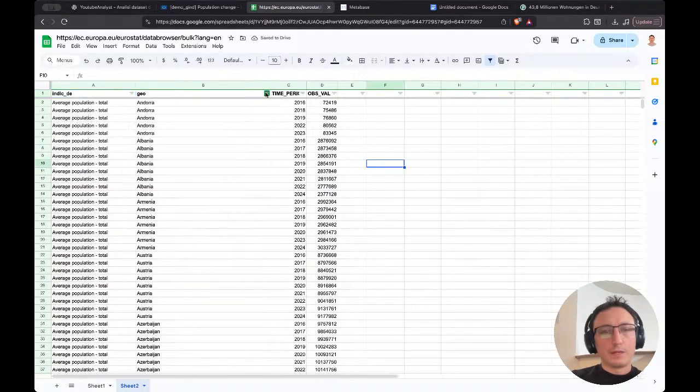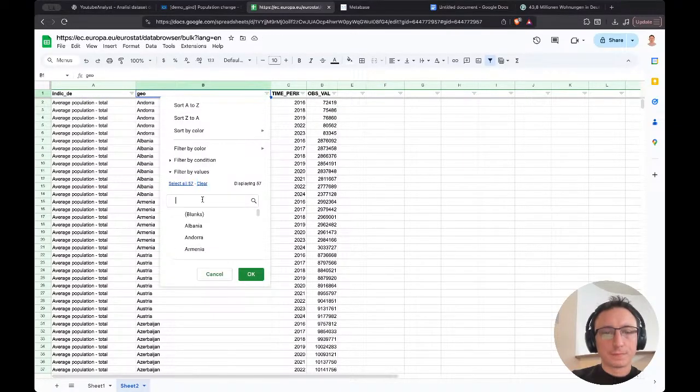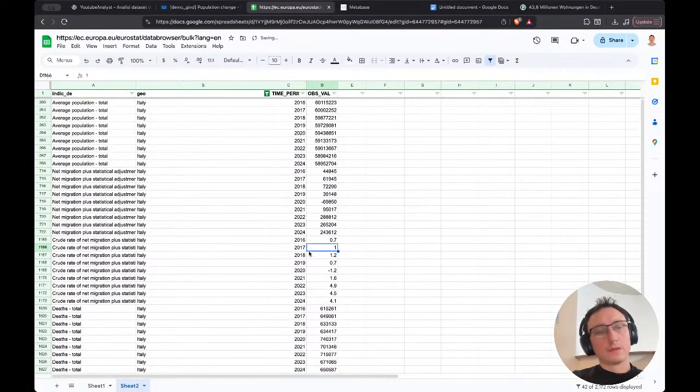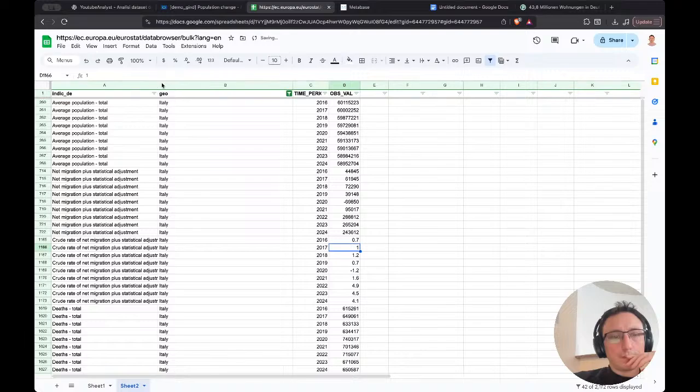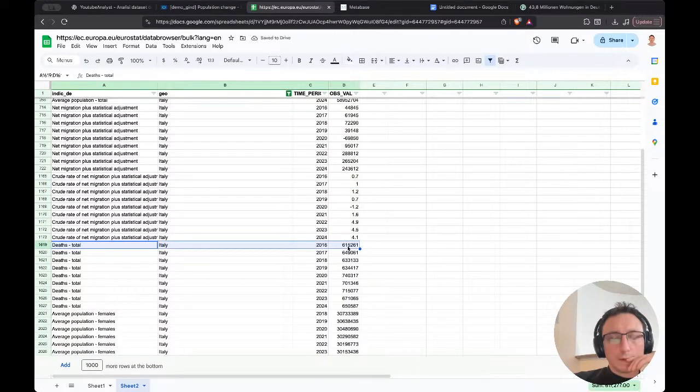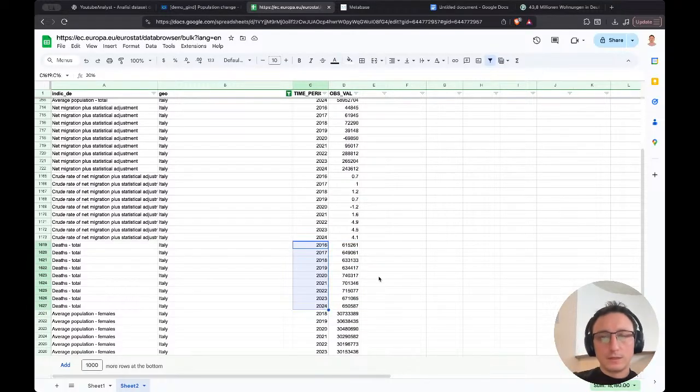Let's take, for example, Italy. So the dataset runs from 2016 till 2024.